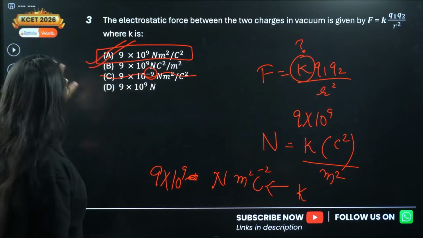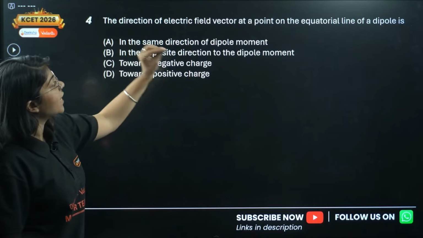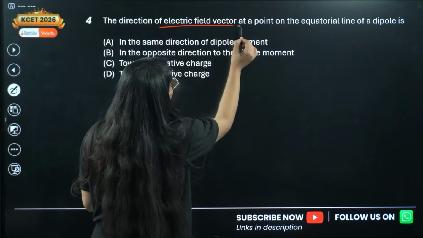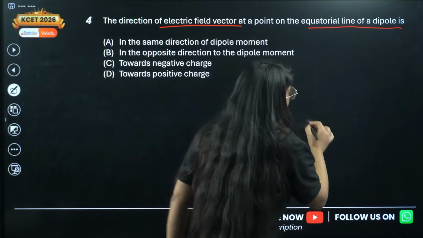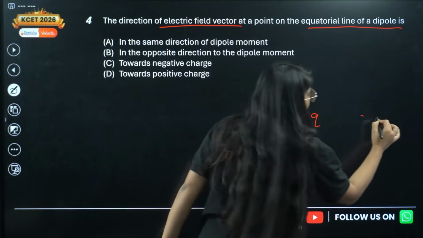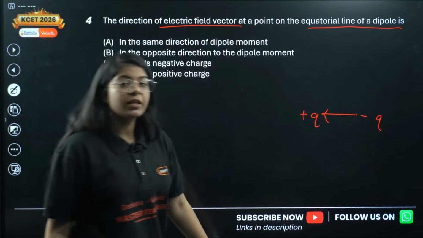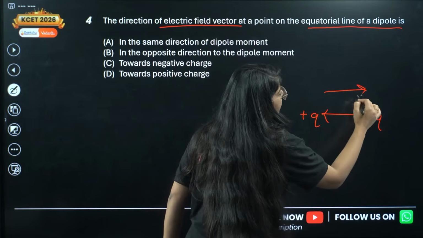Okay. Fourth question says, the direction of electric field vector at a point on the equatorial line of a dipole. So if this is my dipole, and I know dipole moment is from negative to positive, correct?